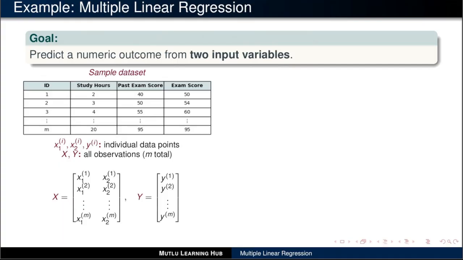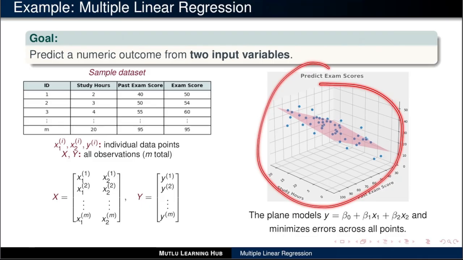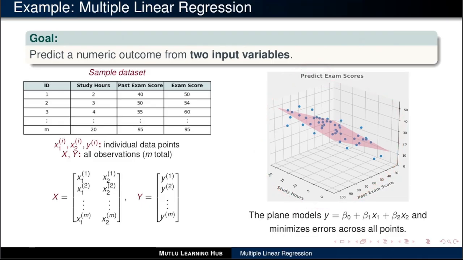We can represent all the data compactly in matrix form, X for all input features and y for the output values. On the right, we visualize these points in 3 dimensions. The horizontal axes represent our two input features, study hours and past exam score, and the vertical axis shows the target variable.